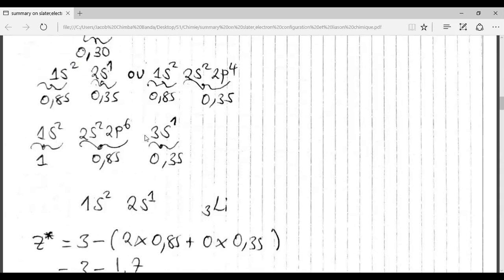So 1s2, 2s2. Then P, for it to be full, you have to have 6 electrons. You have to know that one. When you move from S, P, D, F, the only secret I can tell you is that you should know when S is full, it must have 2 electrons.